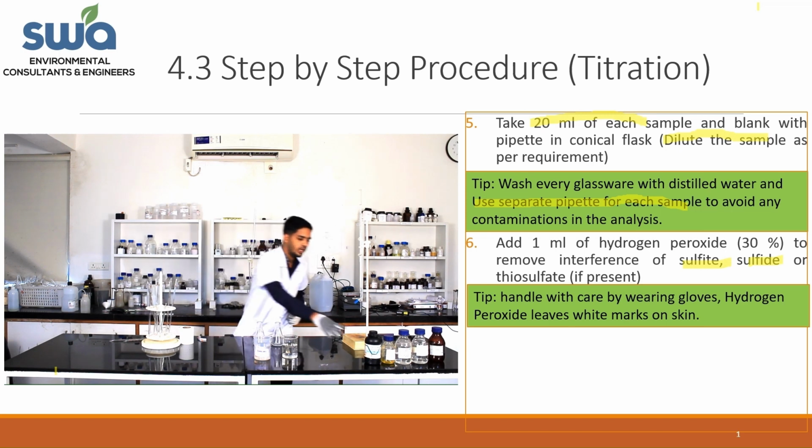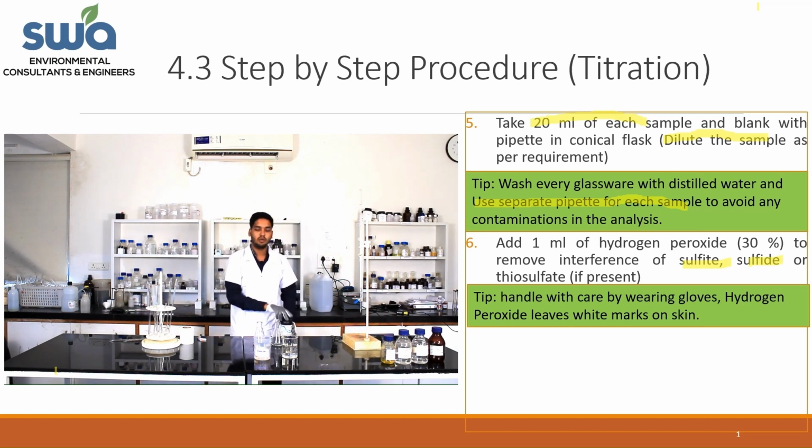So wear proper gloves and then give peroxide treatment to the sample to avoid any interferences. After adding hydrogen peroxide, mix the sample properly so the interferences can be removed if they are present.